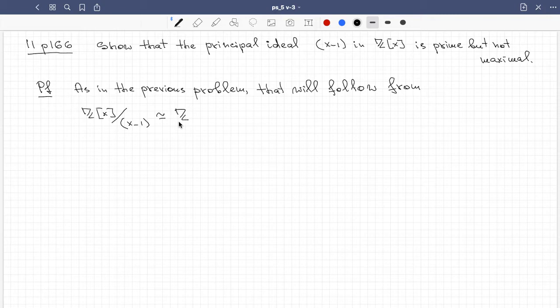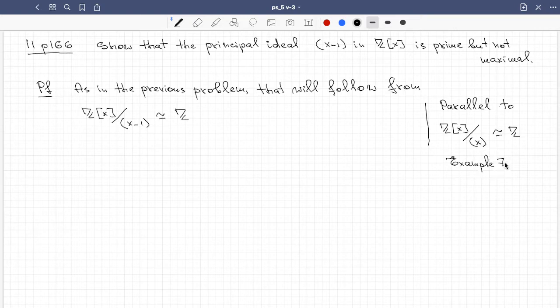By the way, the same ring factored over the ideal generated by x is also isomorphic to Z. And that is example 7 on page 164 in the book.